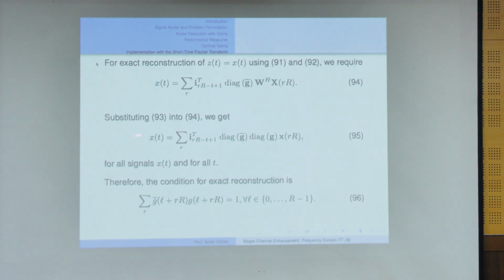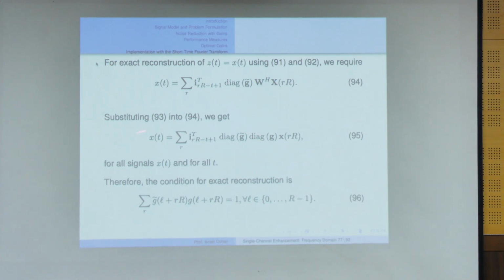So if we want perfect reconstruction, we need this to be satisfied for any time signal x, which means that this relation should be satisfied. From here, we can come here. By the way, anybody that wants to go through the mathematics, just do it and prove any step in the derivation. But I want you to understand it, so I don't go through all details, but it's straightforward if you do it yourself. Okay?